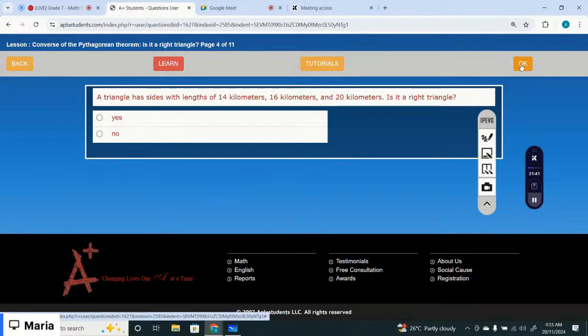A triangle has sides with length of 14 kilometer, 16 kilometer, and 20 kilometer. Is it a right triangle?